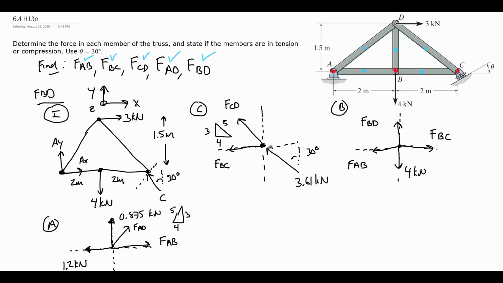So in the end, we found all 5 of the unknowns we wanted, which were the forces in each of the 5 members. We started with the external picture because it was statically determinate, so we could figure out the reactions at A and C. Once we found those, then we drew the pin diagrams, starting with what I thought would be the easiest place to start, which was C, because only 2 members were attached to it, and then working our way from right to left, more or less, to solve for our unknowns.